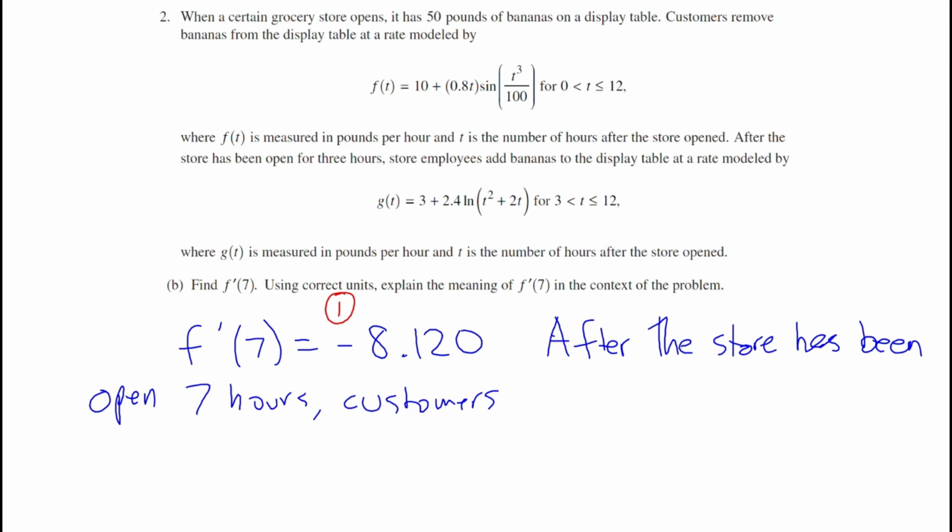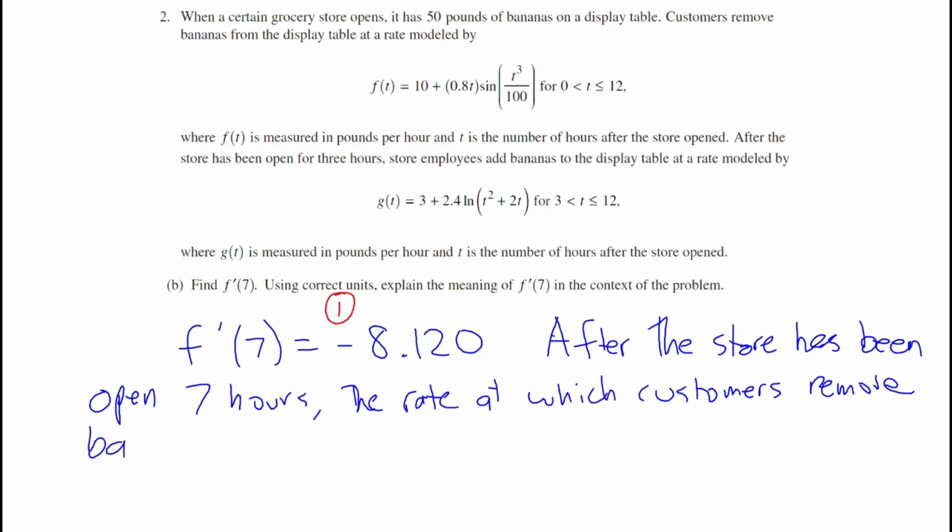well, actually we'll say not just the customers, but we'll say the rate, this will be even better, the rate, because that's what it is. We're talking about this rate, how it's changing. The rate at which customers remove bananas from the table.